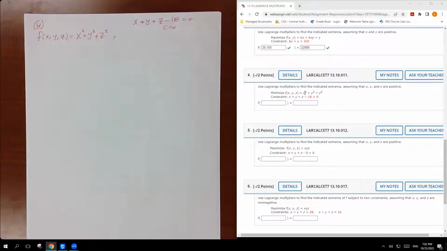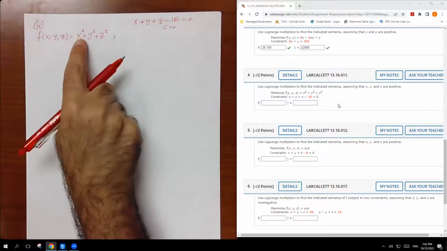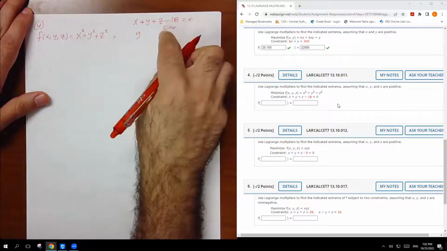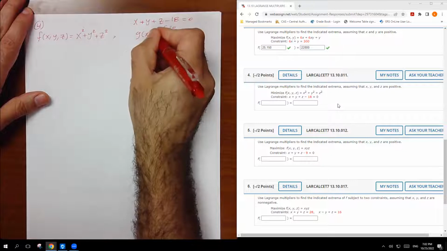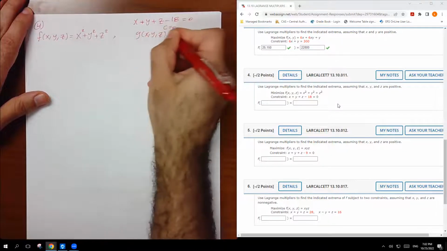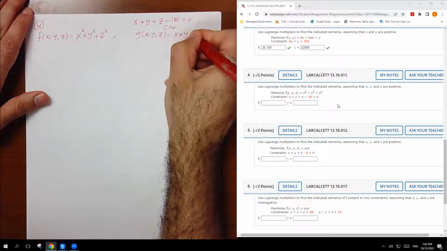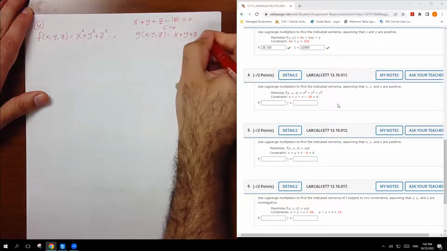So minimize this one, and the constraint is x plus y plus z minus 18 equals 0. So here is the function f of x, y, z, and now g, the constant is 0. g of x, y, z is going to be equal to x plus y plus z minus 18.